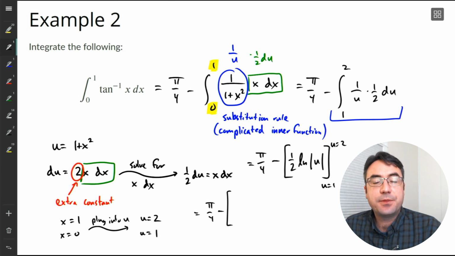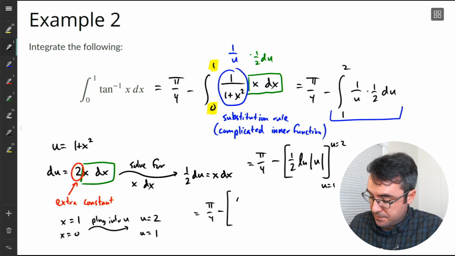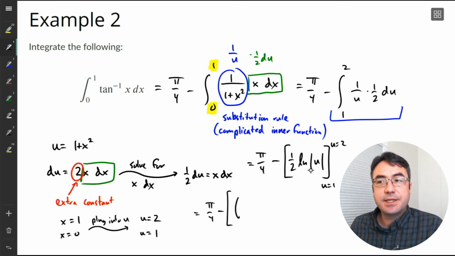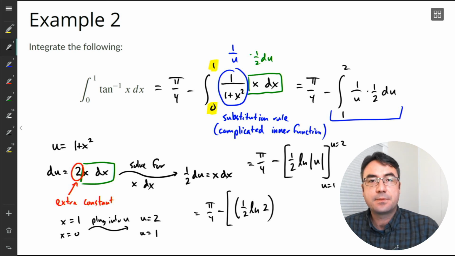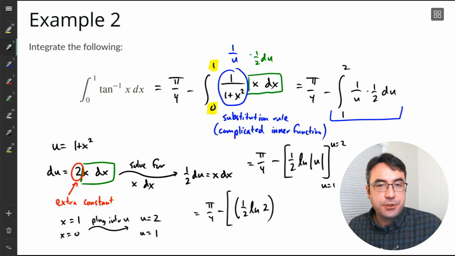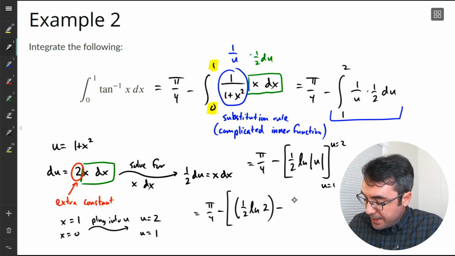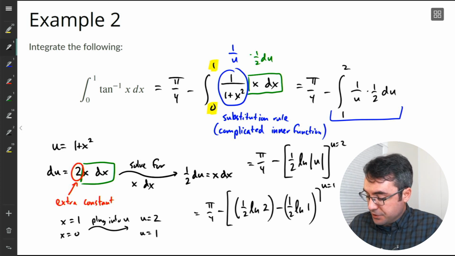So let's evaluate the 1/2. We'll plug the 2 into our antiderivative here. We get 1/2 natural log absolute value 2, and absolute value 2 is just 2. Minus 1/2 natural log absolute value 1, and absolute value 1 is just 1.